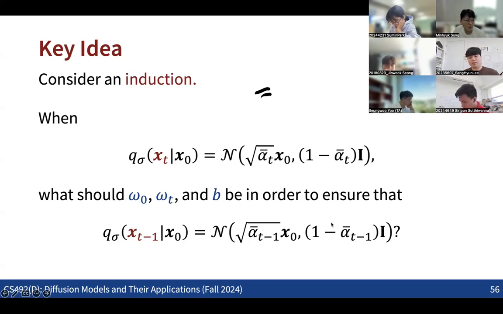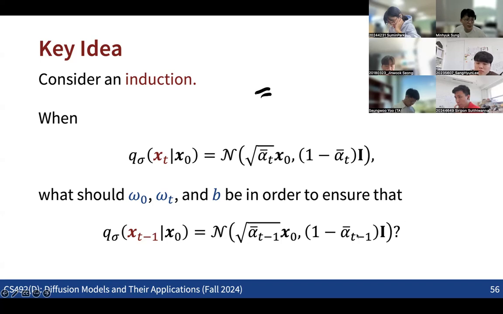If we can define these three parameters for the time step t, then from induction we can assume that for all time steps t, this forward jump distribution is defined into this Gaussian form, right?